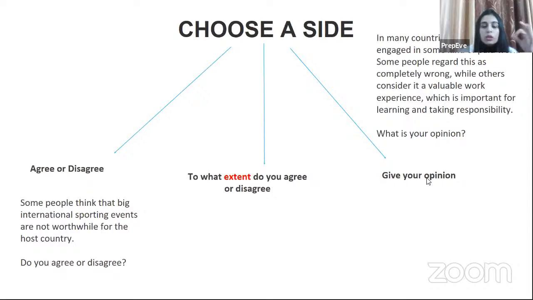Okay, so this is why I would recommend that you come up at least with 3 ideas. If you can't come up with 4 ideas, it's completely fine. But a minimum of 3 ideas should be there, because the more the ideas, the more content you will have, the more examples you will have, the more vocabulary you will be able to use.